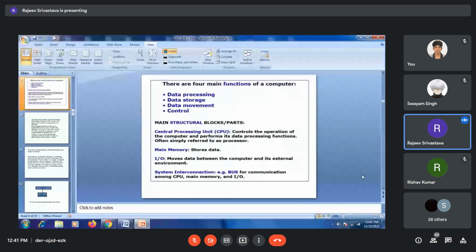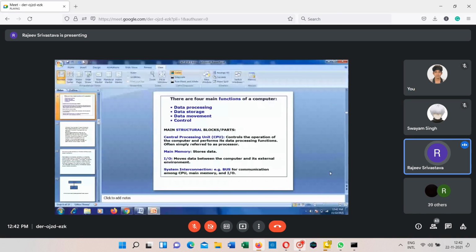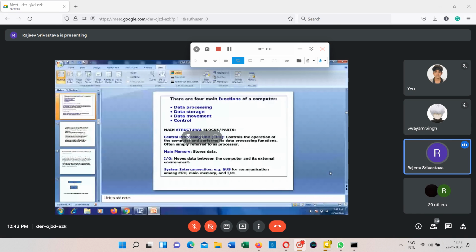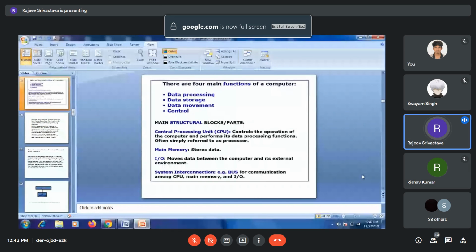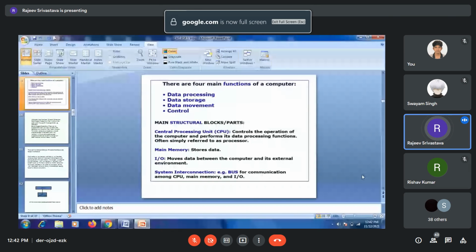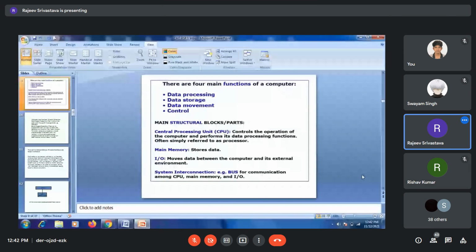So we sequence the events so that the operands are present at the proper time. The add instruction has to be given at the proper time. Only then some kind of display instruction will be there. Otherwise, the result will not be stored. So every process needs some kind of sequencing.